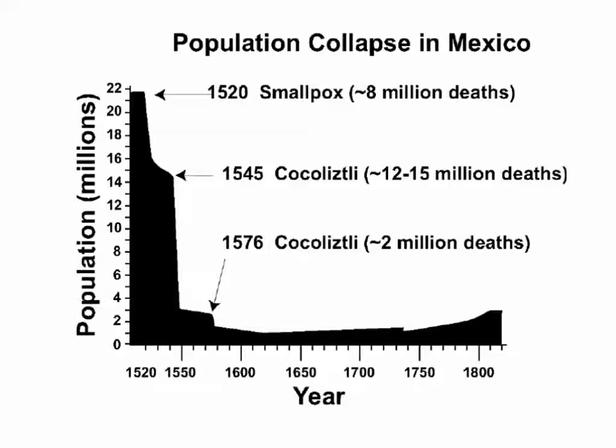By that point, the population has dropped dramatically. We're down to roughly 4 million people. By 1576, another epidemic hits, and we've essentially eliminated 90% of the population. 3 major epidemics within a 50-year period. The population of Mexico is absolutely decimated.